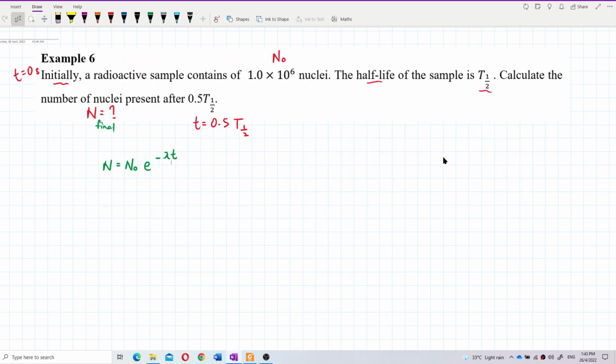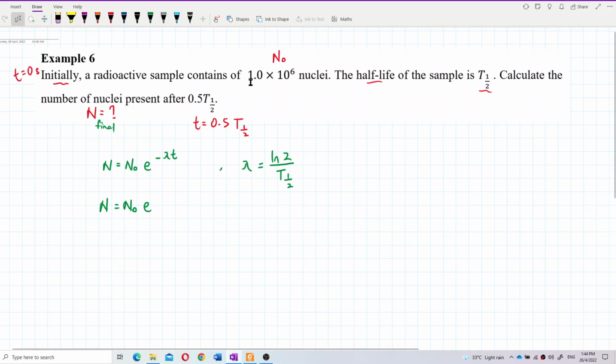I can substitute this lambda with ln 2 over half-life. Then N equals N naught exponent, and this N naught is also given as 1 exponent 6, so maybe I can substitute that one also.